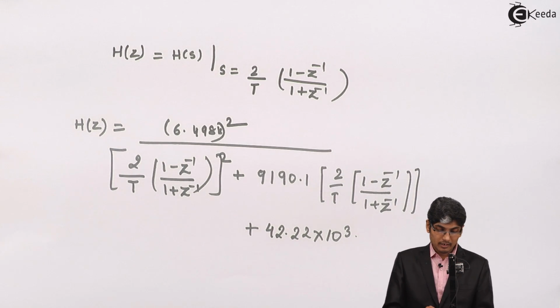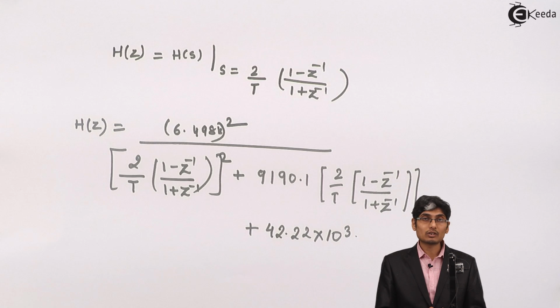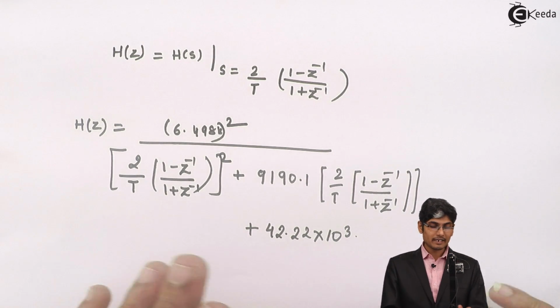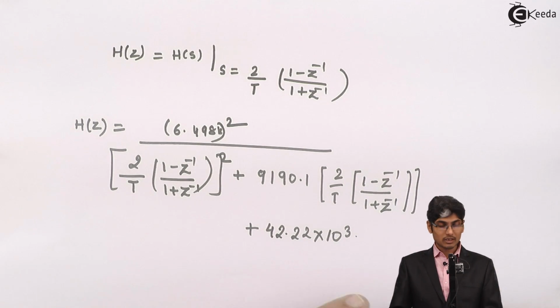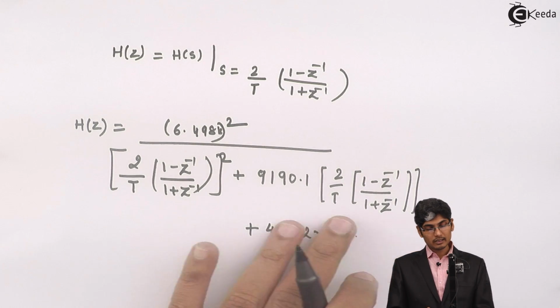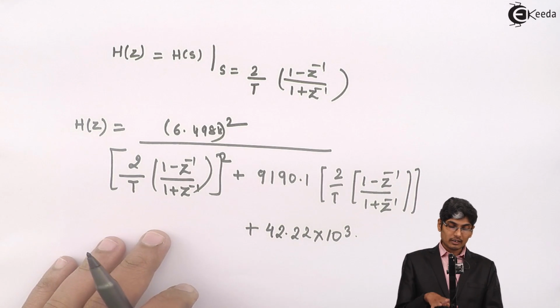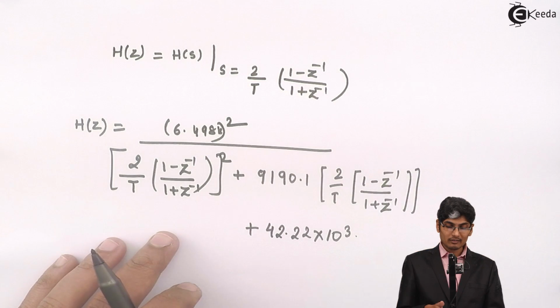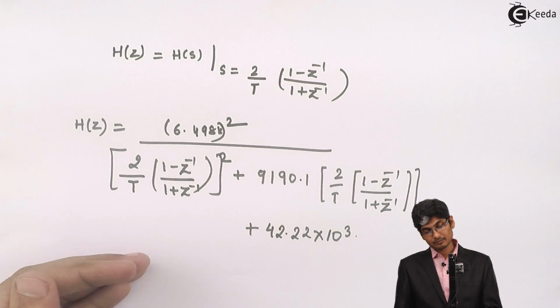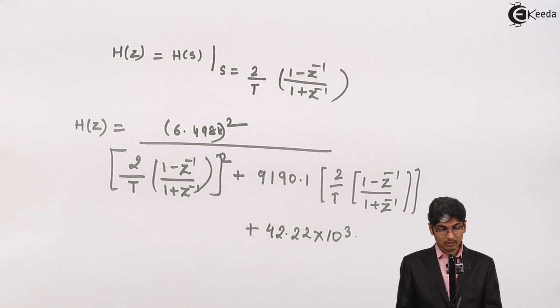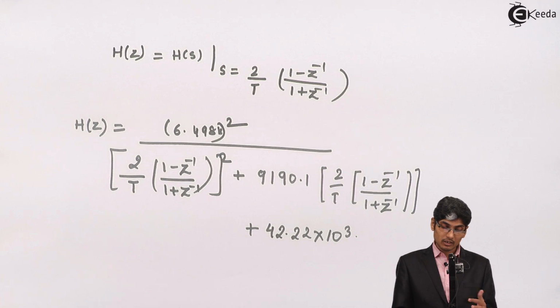Now, if you wanted to solve this further, you can take 1 plus z inverse common and T also common. That part you can do, taking that into the numerator, and then you can stop, because it will take a longer time for you to solve this further and get a proper transfer function of H of z in terms of negative indexes of z. So instead of wasting time, you can leave it at this much.